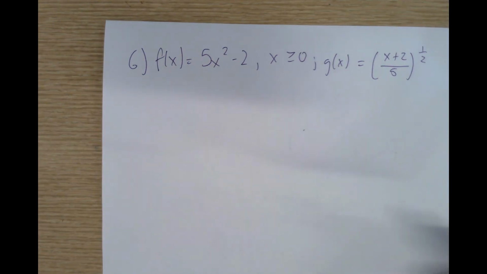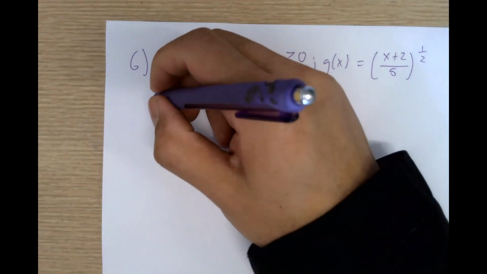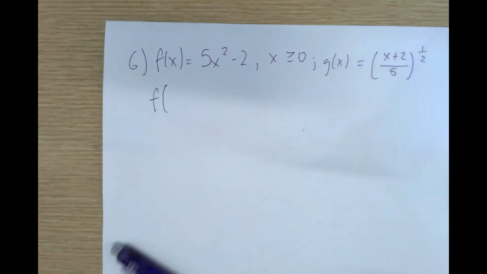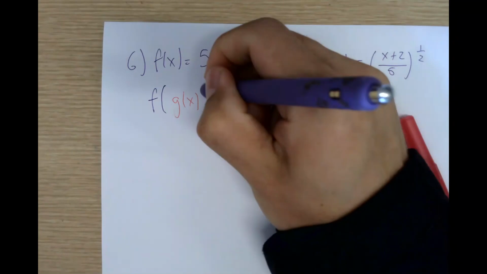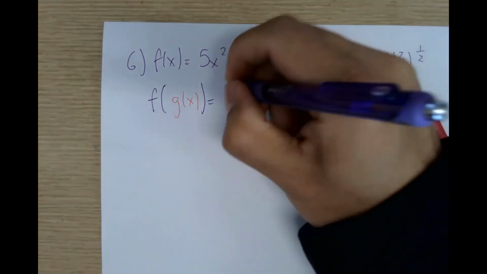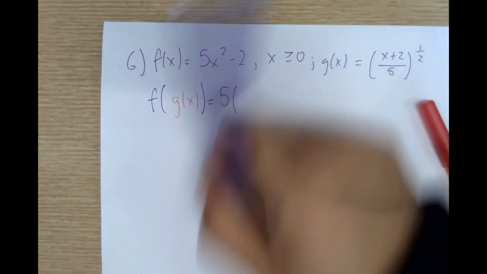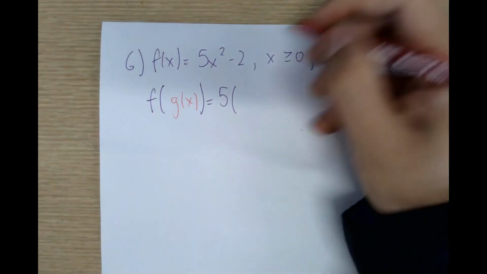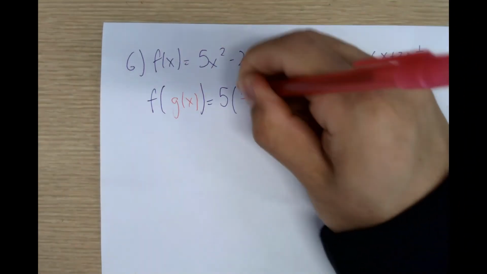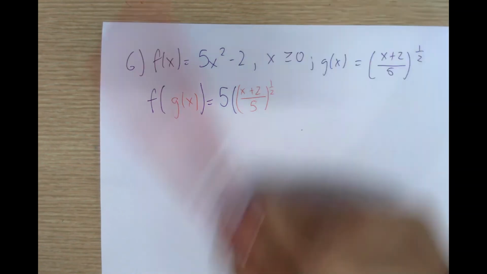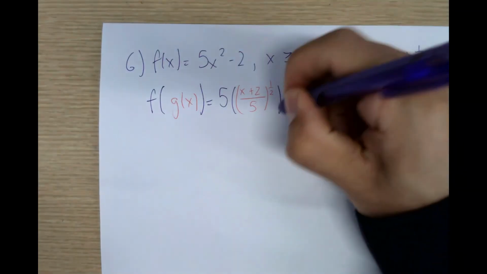So this one, we're always going to do f of g of x. So f would be 5 times g of x, which is x plus 2 to the 5th power, to the 1/2, squared, minus 2.